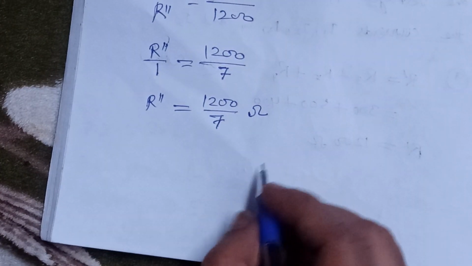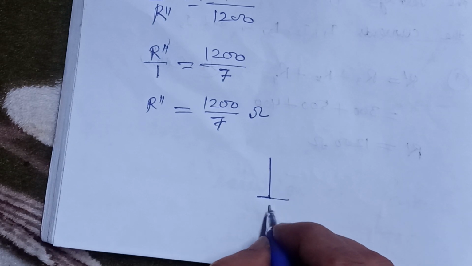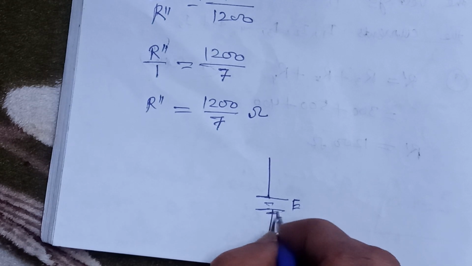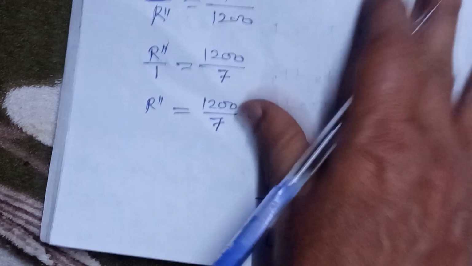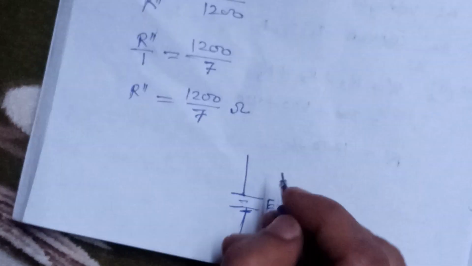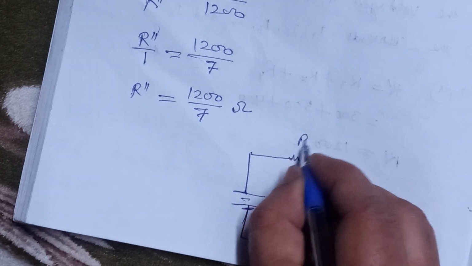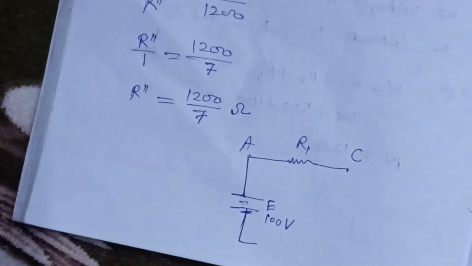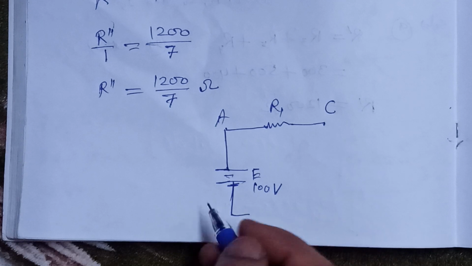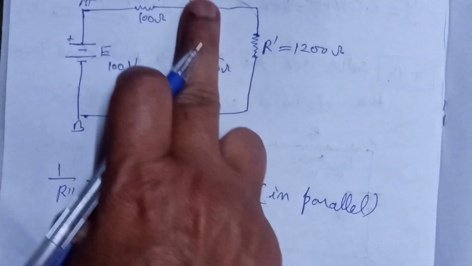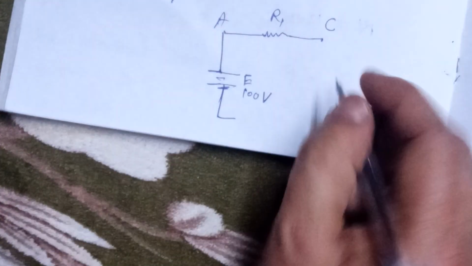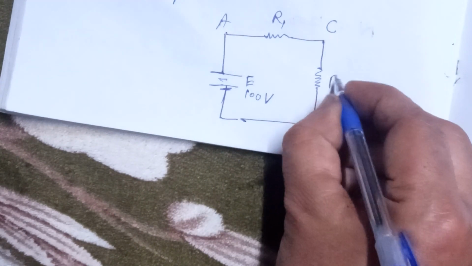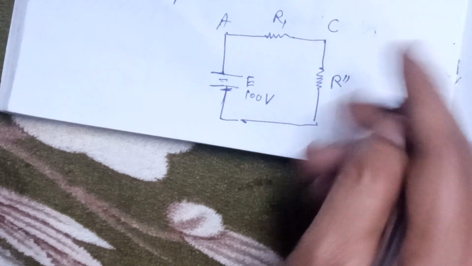So I again draw a figure with the 100 volt EMF battery, and here is R1, the resistance between A and C, and between C and D the equivalent resistance R double dash, which is equivalent to R2 and R dash in parallel.